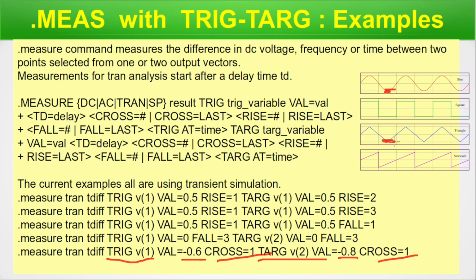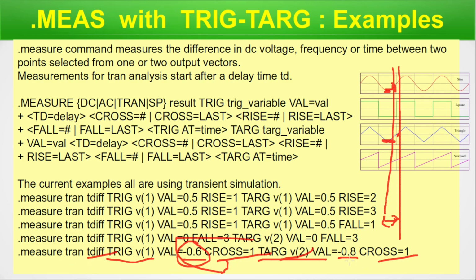This is 0.8. So these two waveforms will be considered and for the first one this is 0.6 and cross at 1. So 0.6 is here, right? Minus 0.6 cross 1. So one marker is dropped here in the time axis and for the target, say 0.8 is here, right? Somewhere here and this is dropped here and in between there will be a time difference. So that time difference is measured.